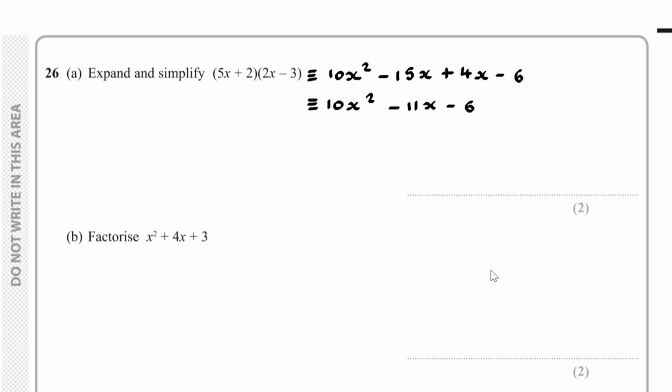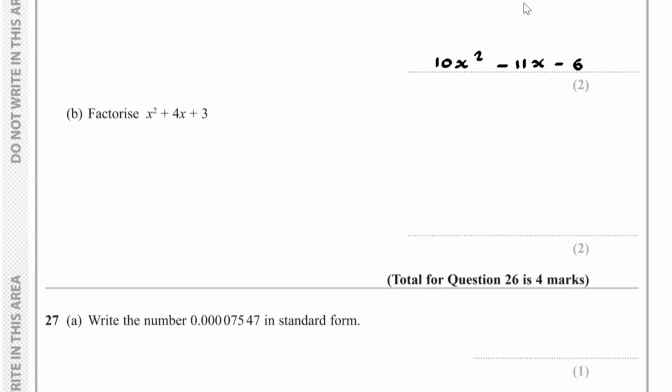And then for part B, we have to factorize x squared plus 4x plus 3. Well, what we require here are two numbers which multiply to give 3 and add to give 4.